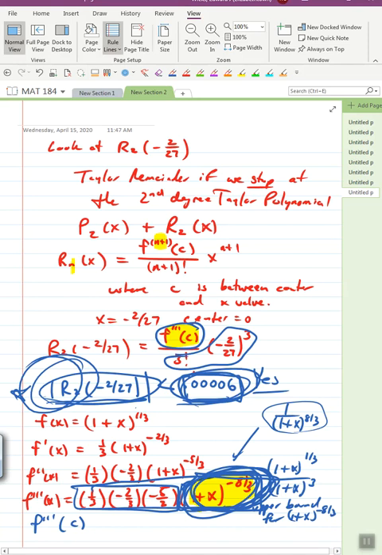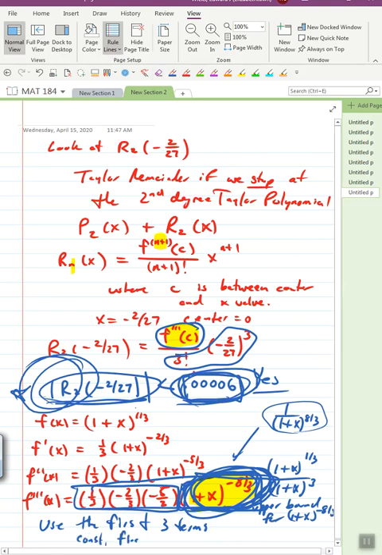Okay, now, let's just wrap this up, because I actually have to get to class in 5 minutes. What is the final upshot here? I would use the first 3 terms of the binomial series to approximate this. I would use the constant term, the first degree term, and the second degree term.